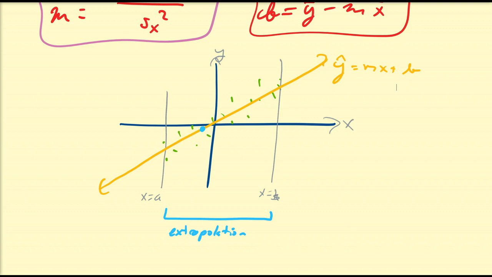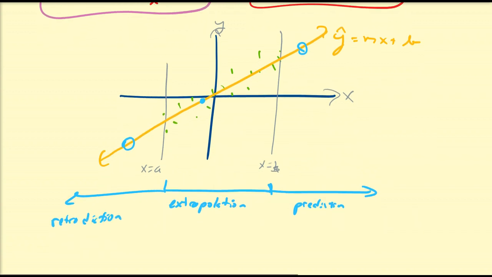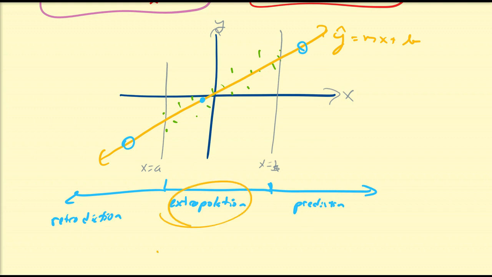Now, if you only have data for the month of January and you want to see what it may be in the month of February, say over here, then this is what we usually refer to as prediction. And if you want to figure out what was going on in the past, some people refer to this as retrodiction. In general, the in-range approximation is the most reliable scenario because you have the majority of the data located around the value for which you are approximating, whereas for prediction and retrodiction, you're assuming that the data continues in that trend.